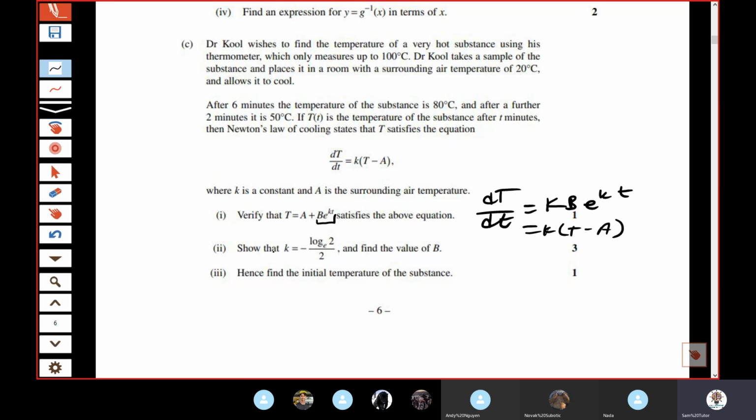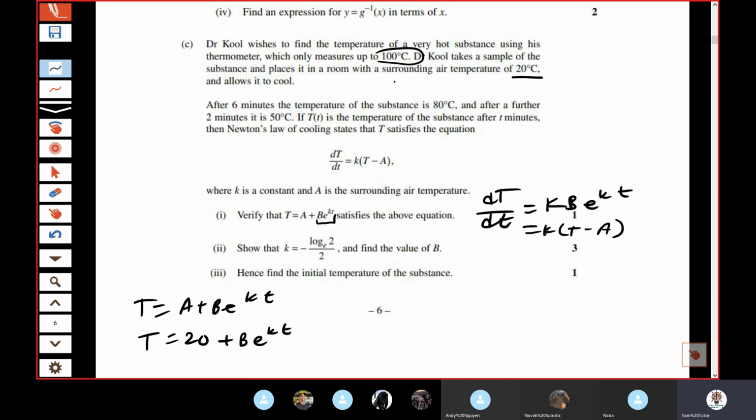And then show. Okay, that's when we get to business. T equals A plus B e^KT. We know that air temperature is 20, so we get 20 plus. We also know that it goes up to 100. Oh yeah, I think we did do this last week.